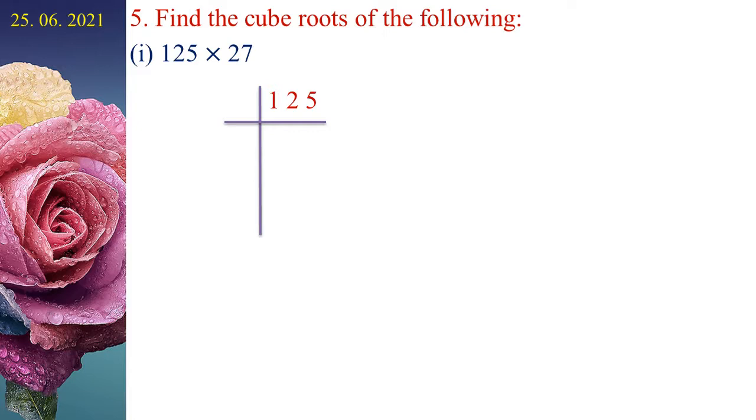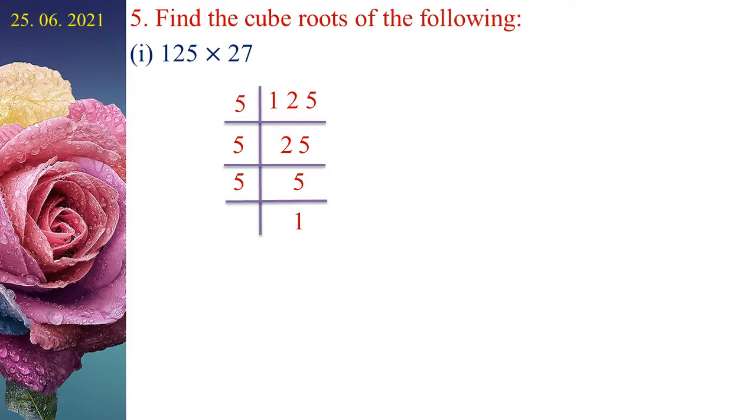So the number 125 is divisible by 5. 2 5s are 10, balance 2, 25, 5 5s are 25. The number 25 is divisible by 5 because the ones digit is 5. 5 5s are 25. The number 5 is divisible by 5.